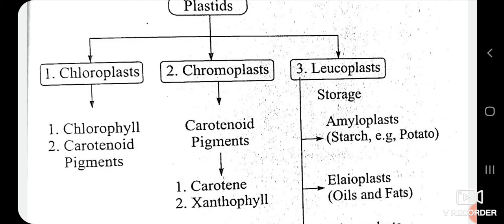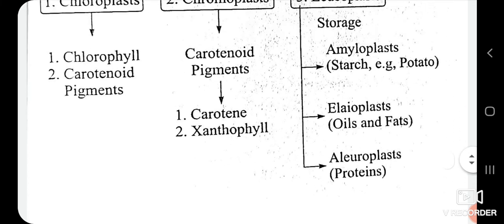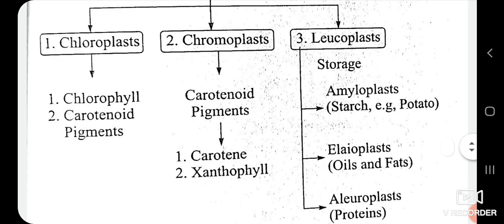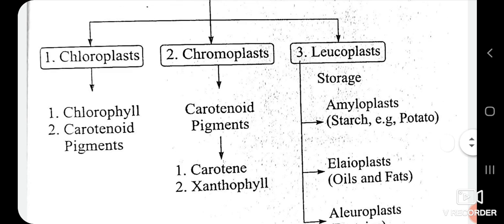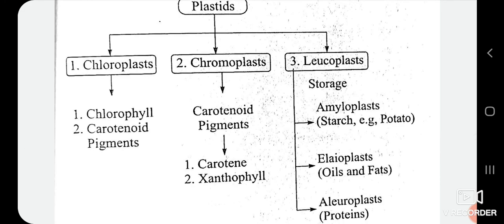While the leucoplast is for storage: amyloplast stores starch, as in potato; elaioplast stores oils and fats; and aleuroplast stores protein. So here you have to make a chart of the plastids, by which you can easily understand the three types of plastids and their pigments as well as their important functions.